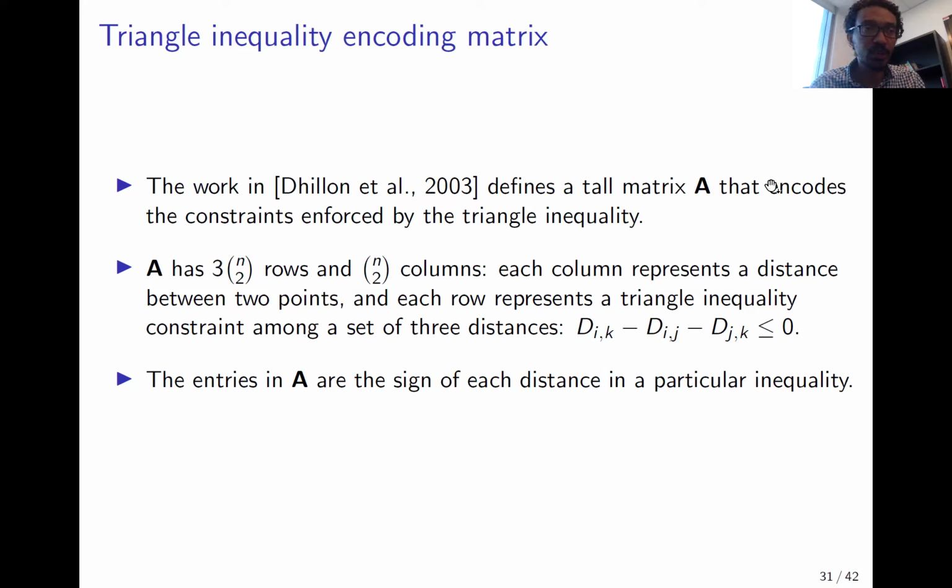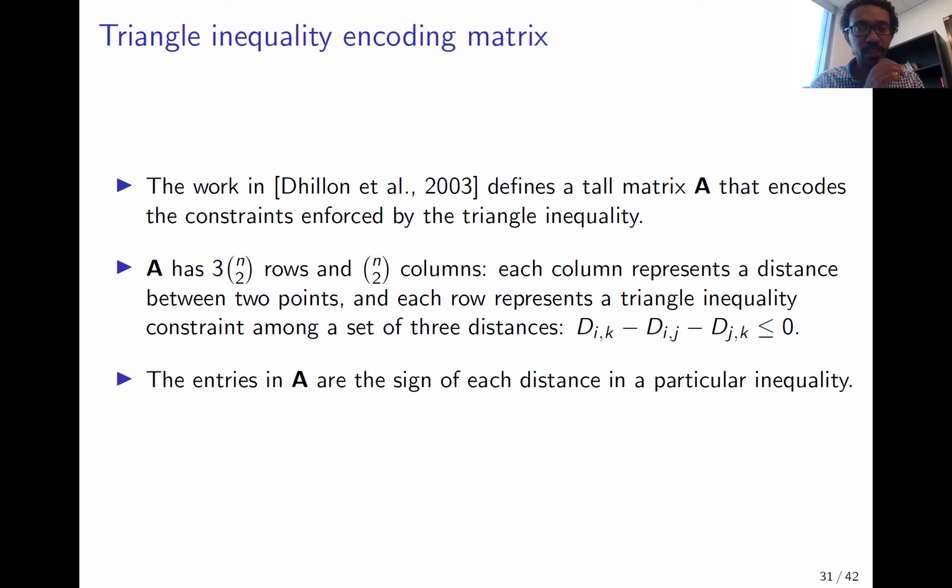Each column represents a distance between 2 points, and each row represents a triangle inequality constraint. If I have 3 distances, any of the triangle inequality constraints can be formulated in this way, right? We can always rewrite them in this way. And the entries of this matrix are the sign of each distance in this particular inequality.